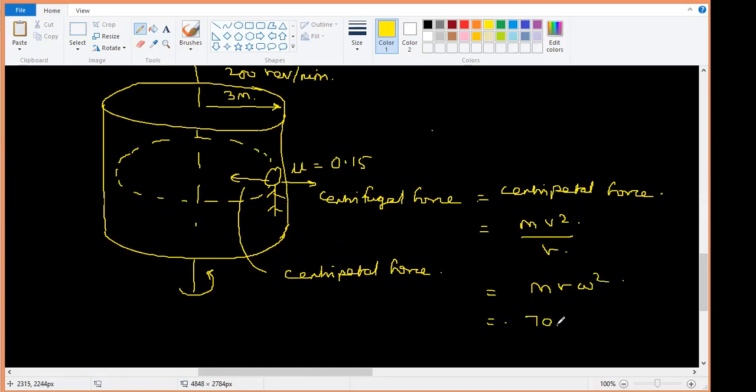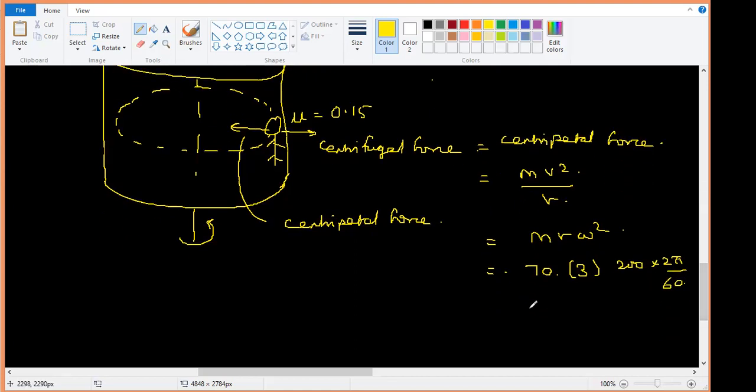Mass is 70 kg, radius is 3 meters, omega is 200 revolutions per minute, which means you have to multiply by 2 pi by 60 to convert it to omega in radians per second. So do this math.